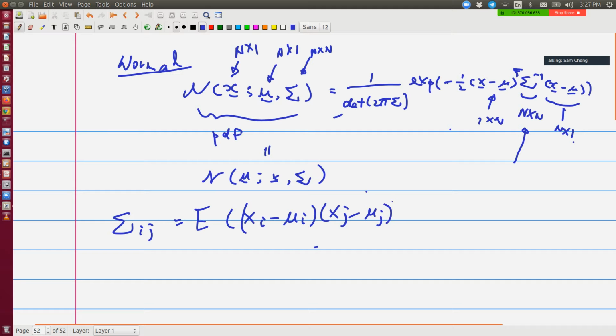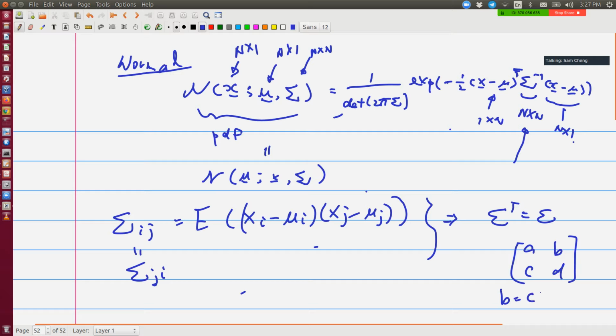So this is just equal to sigma ji. Therefore the covariance matrix is symmetric, so sigma transpose equals sigma. If you have a matrix A, B, C, D, then you should have B equal to C.